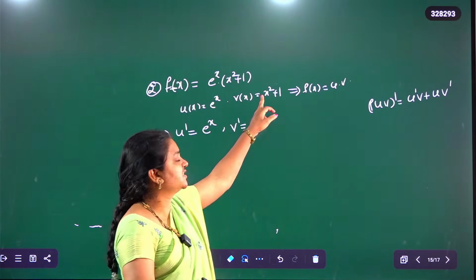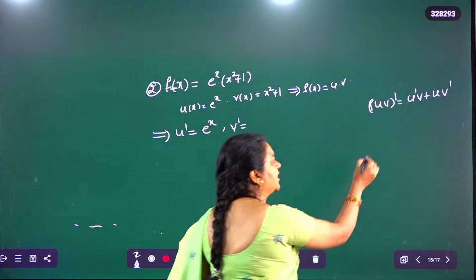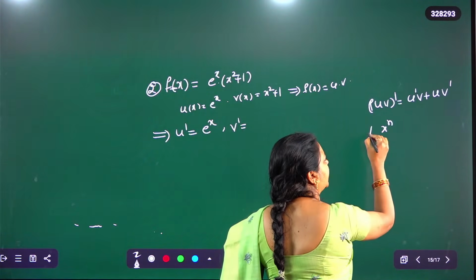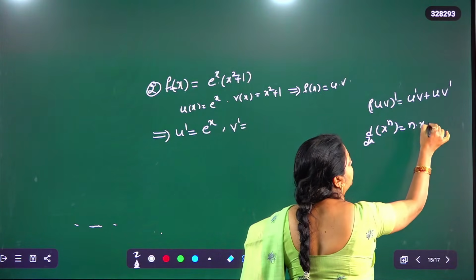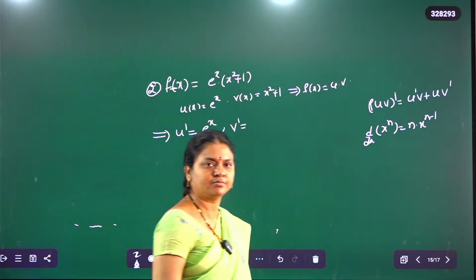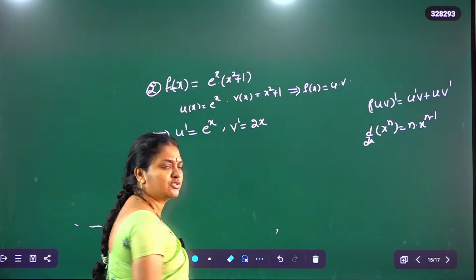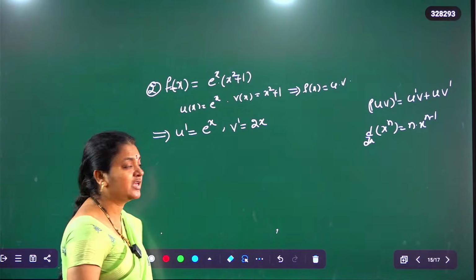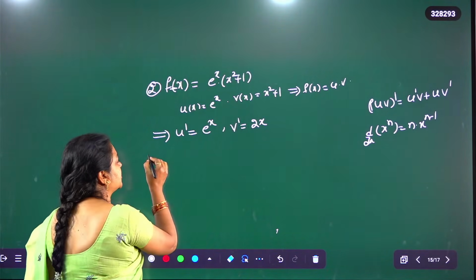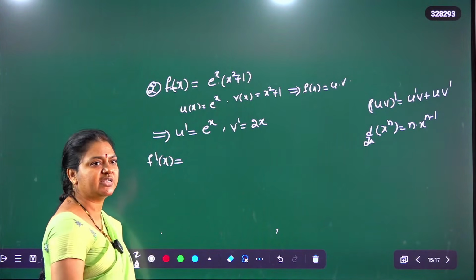Here the function is x square plus 1. X square plus 1 looks like x power n. Derivation of x power n, just now we completed, I will repeat, is n into x power n minus 1. So here 2 into x power 2 minus 1 is 2x, plus here the derivative of 1 is 0, right? So u dash and v dash are done. Now coming to f dash x, we need to find the derivative.